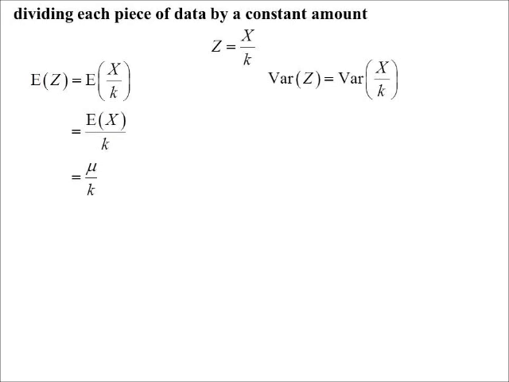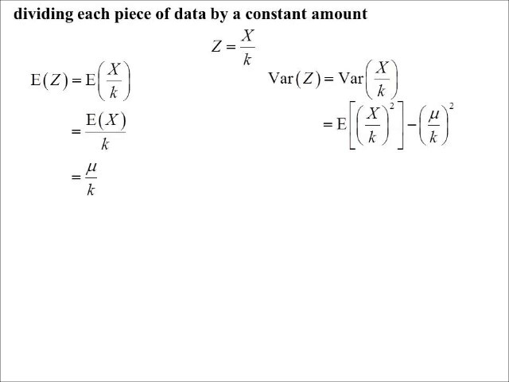Well, expected value of x divided by k, again, k is a constant, so I'm going to factorise out the 1 on k. So the expected value of x over k, we know the expected value of x is mu, divided by k. Again, that's logical. If I'm going to divide every piece of data by k, then the average should be divided by k. Makes sense. But now the deviation will change as well.